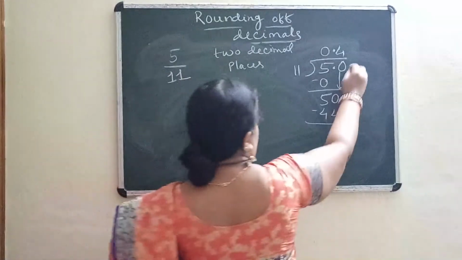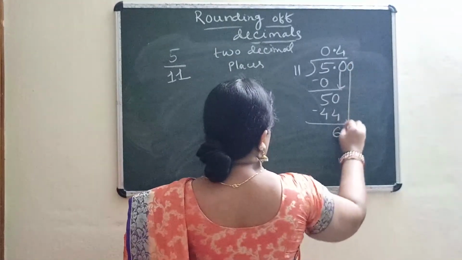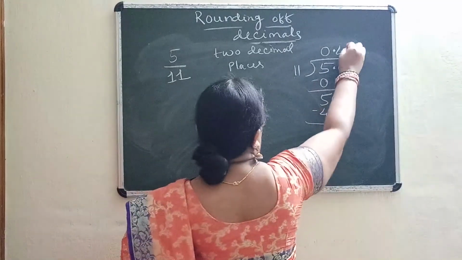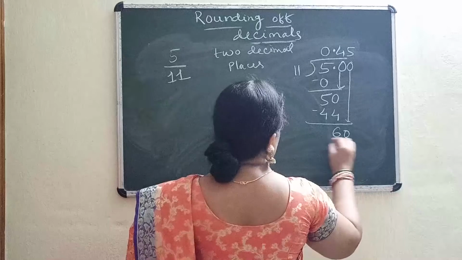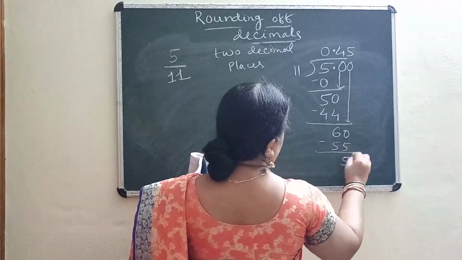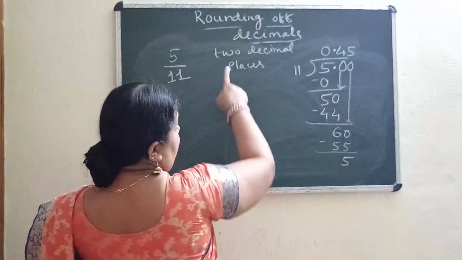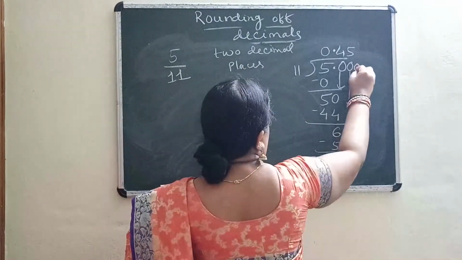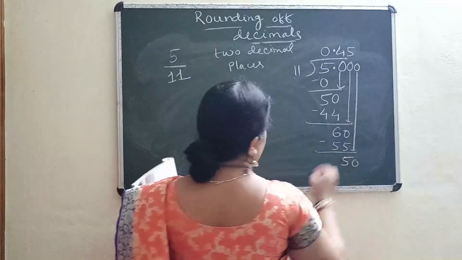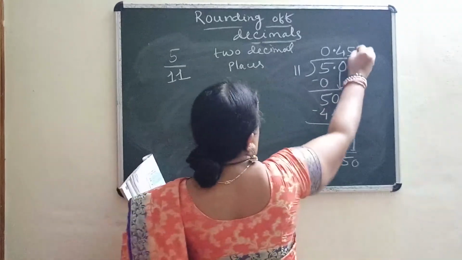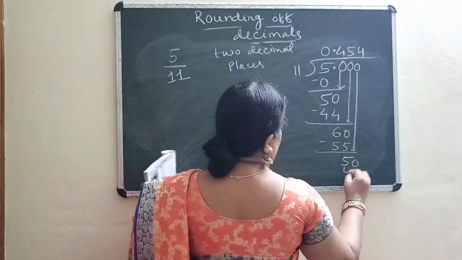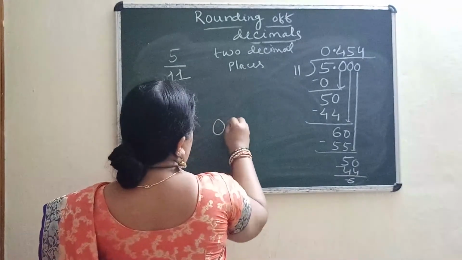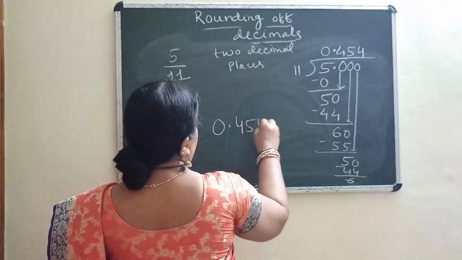Then what will you do? Add one more 0. It's coming 60. Now 11 5s are 55. Then again 5 is left. Since we are rounding to 2 decimal places, we require one more step. So this 0 will come down, 50. 11 4s are 44. Then 6. So now we got 0.454.